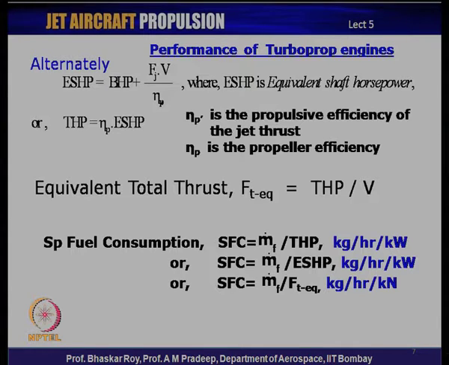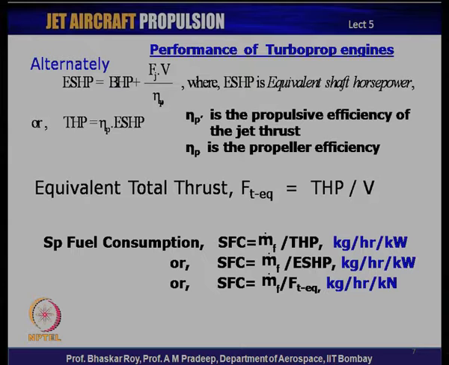The specific fuel consumption of this kind of engine is often given in terms of kilograms per hour per kilowatts, which is what the power consumption is normally of THP or ESHP, and the definition remains the same as before, that is the fuel consumed m dot f divided by THP, expressed in kilograms per hour per kilowatt.